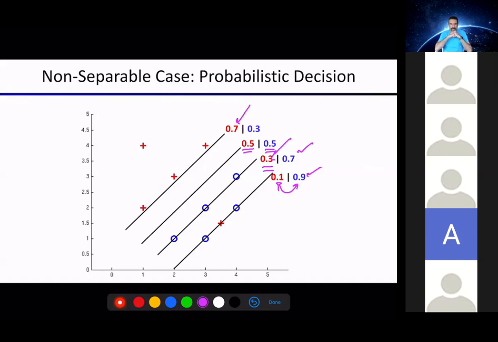So we want to extend these crisp values 0, 1, which was the way Perceptron works, to some probability distribution over multiple classes. And we know that in order to have a probability distribution, the sum over multiple classes should be 1, right? So you know this basic stuff.